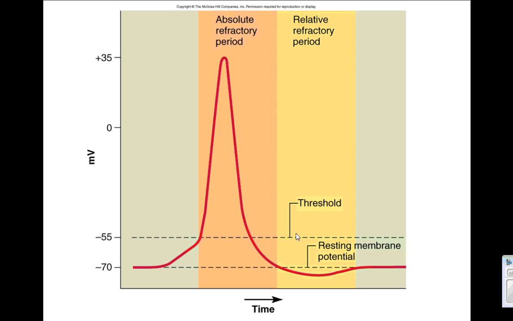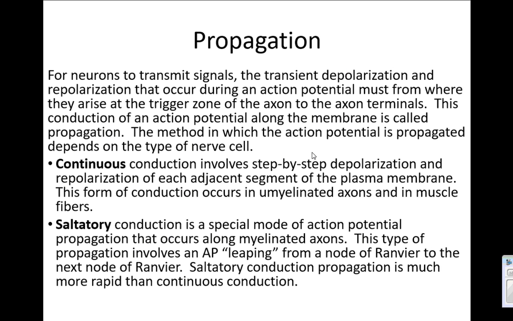The great thing about absolute and relative refractory periods is they are short, because we're talking milliseconds here. Does that make sense? I know it's going to sound real murky to you guys. It'll get there, I promise.